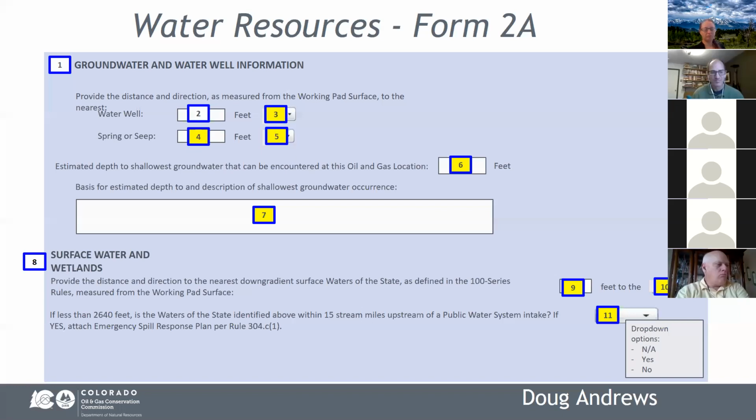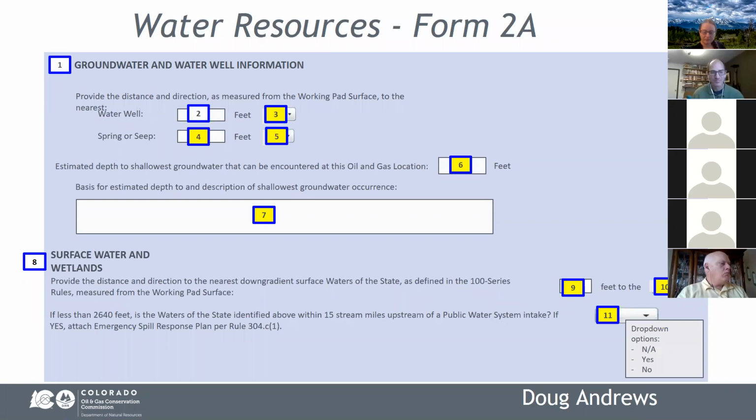So be careful with determining the distance and direction to the nearest water well, going solely on where those blue dots show up on our COGCC maps. You need to go into that permit and look through all the different files and documents in that permit to determine if that blue dot is accurately placed. You may also need to use aerial images from Google Earth or the aerial photos on our COGCC map to help you see where these water wells are.